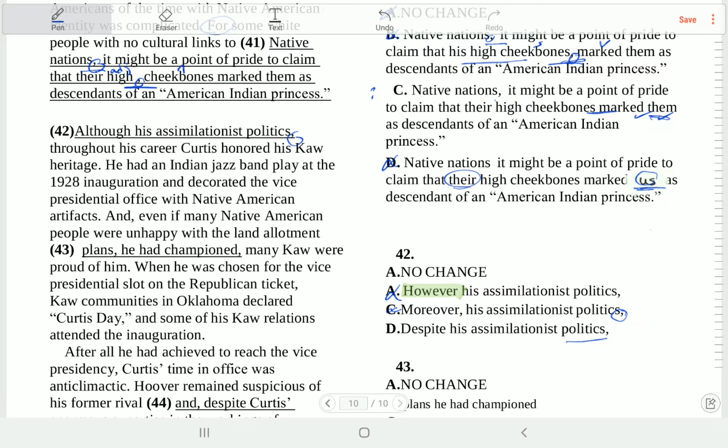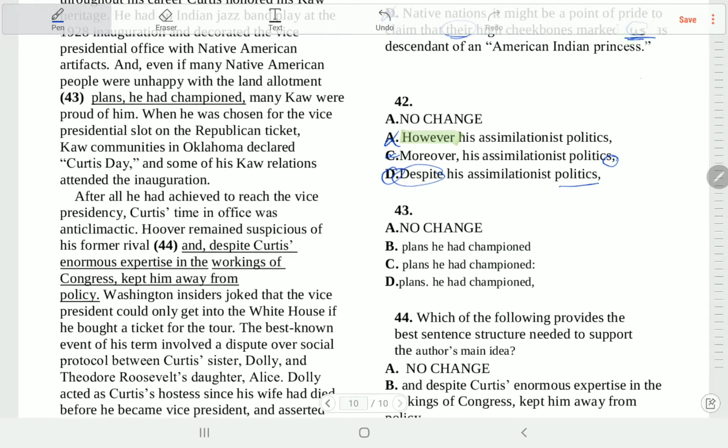Okay, despite plus verb plus ing, despite having, or despite the fact that, then subject and verb. So here it says although his assimilation is politics. A noun doesn't work. Although needs subject and verb. So it's despite right away. Okay, despite means although, the same. Okay, 43.